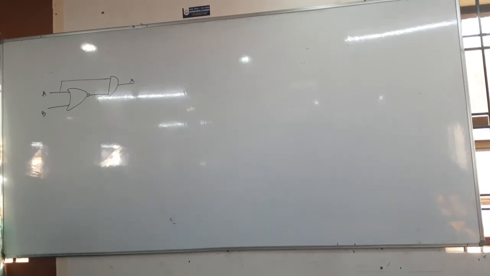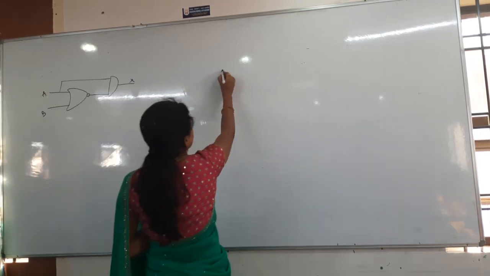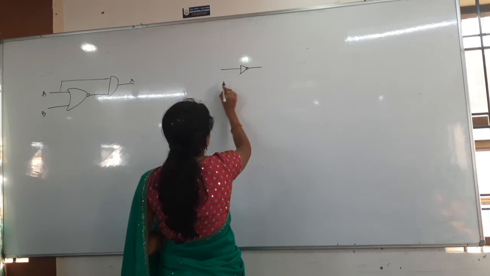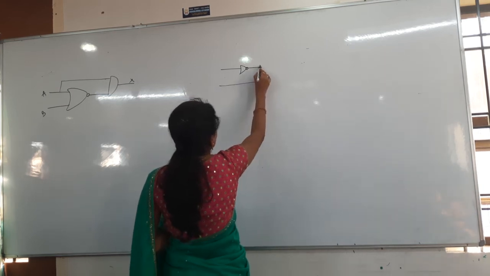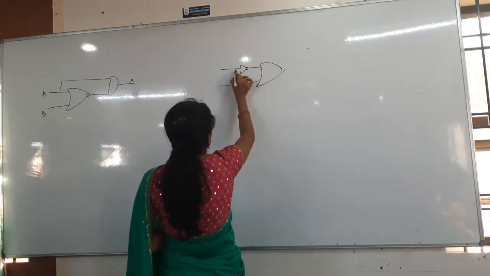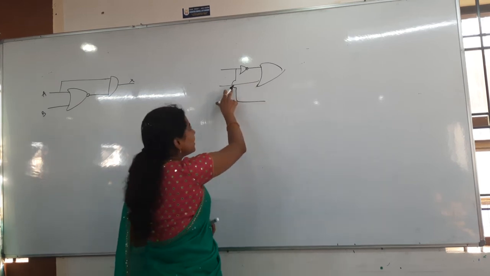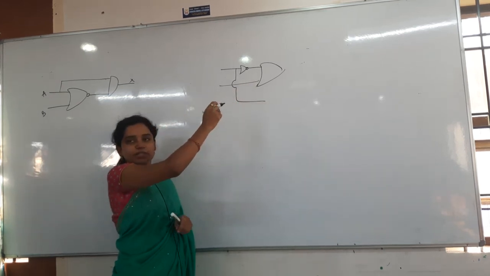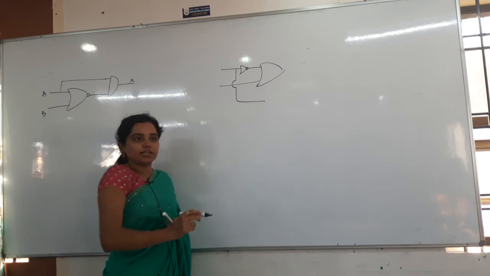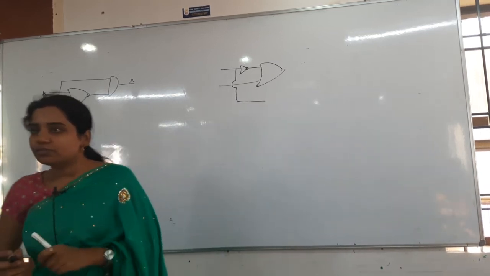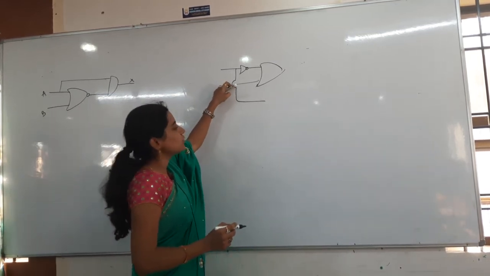Tell me the final answers. This half ring indicates that connection is not there. Nothing but between this A and B, here there is no connection.